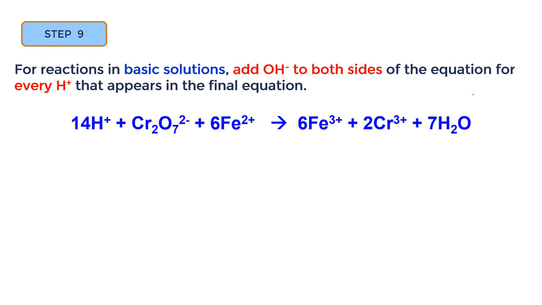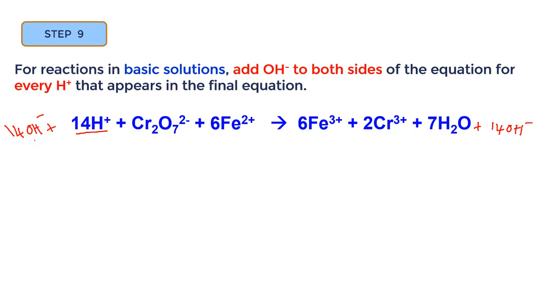Please refer to the hydrogen ion present in this equation. We can see here we have 14 H+. So if the reaction occurs in basic solution, we need to add 14 OH- at the left side plus 14 OH- also at the right side.